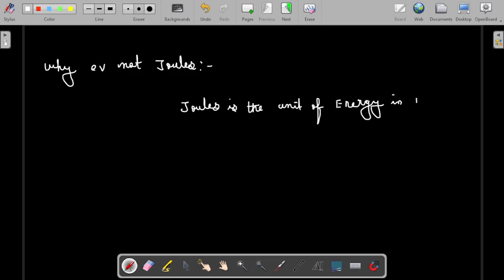Energy in the MKS system is measured in joules, but that is too large.